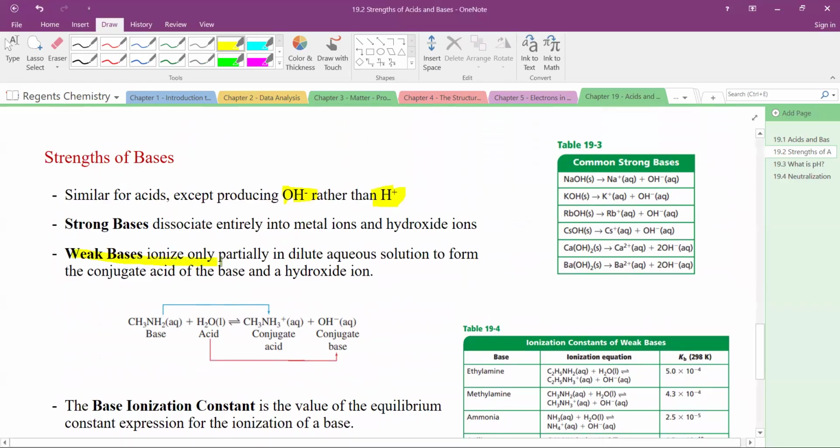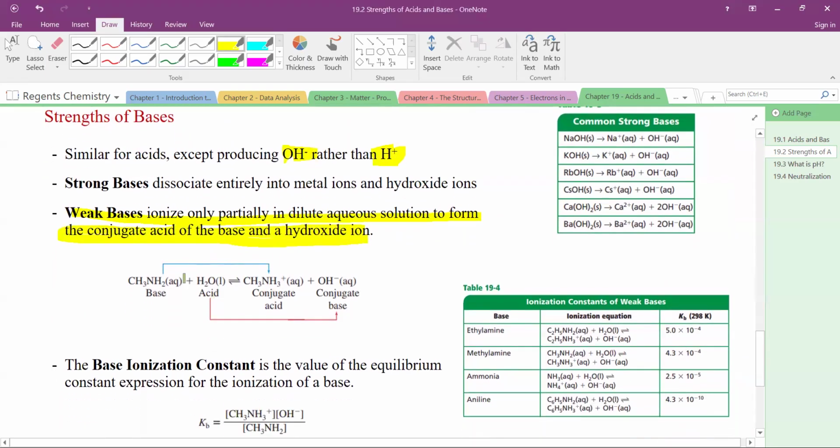Whereas our weak bases only partially ionize in dilute solution to form the conjugate acid of the base and a hydroxide ion. So again, we're making a hydroxide ion here, and that's the conjugate base to our acid, which in this example is water. Because remember, water can be both an acid and a base. And likewise, our base here is going to form its conjugate acid after it gains that proton. The base is going to absorb a proton. That's what makes it basic. It's stealing a hydrogen from this acid.